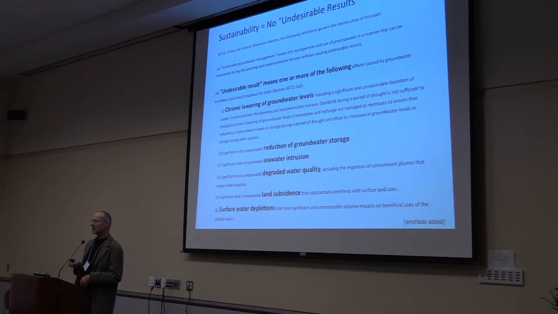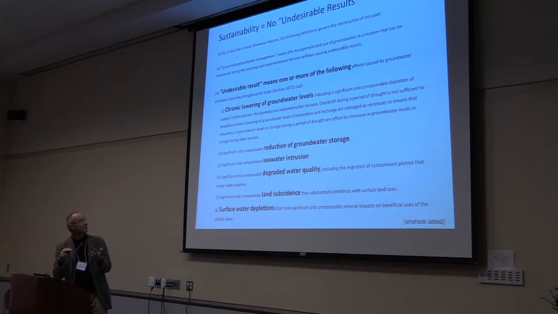And then it goes on to say undesirable results are, and this is now our new six commandments in California, lowering water levels and lowering storage, degradation of water quality, which is an interesting connection that this Groundwater Management Act makes explicitly to groundwater quality. Land subsidence is another undesirable result. Seawater intrusion is an undesirable result.